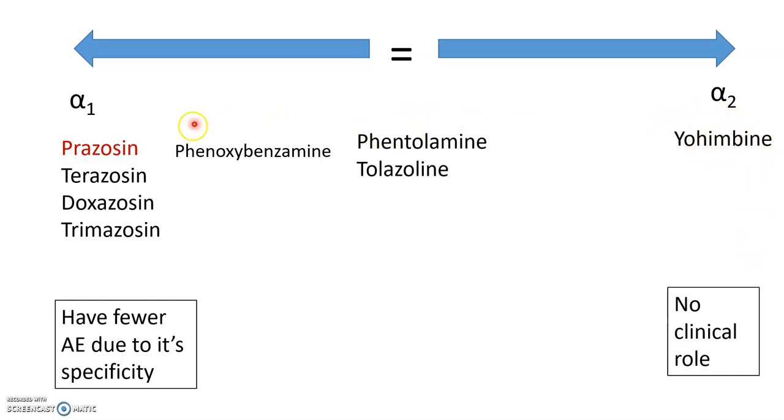Then we have phenoxybenzamine, which is somewhere towards alpha 1. And then we have the pure alpha 1 blockers: prazosin, terazosin, doxazosin, and trimazosin. These drugs have fewer adverse effects because they are very specific.